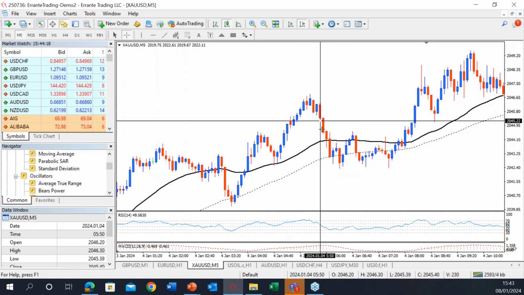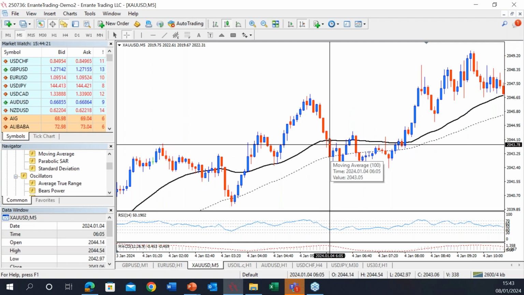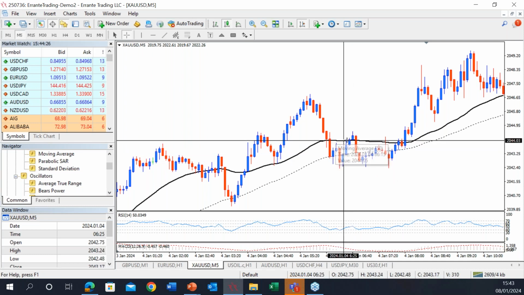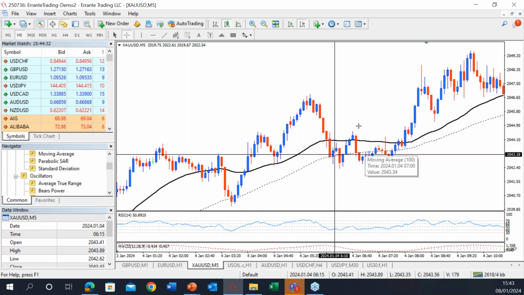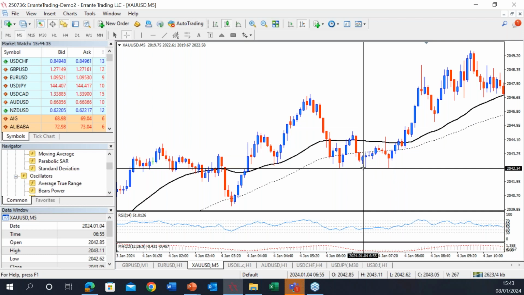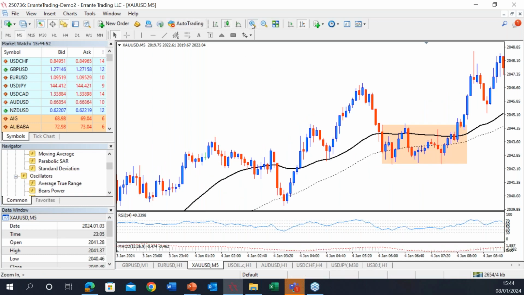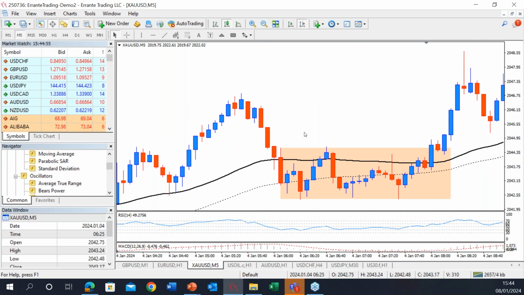And then after this correction to the downside, the price fell below the moving averages, but you can see because of the horizontal slope of these moving averages, and also based on the price action, we are in a continuation pattern here. So if we find any bullish reversal candlestick pattern, that could be a good signal to enter the market somehow. And you see here we have an engulfing pattern.